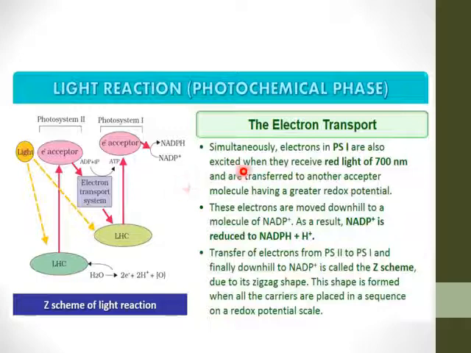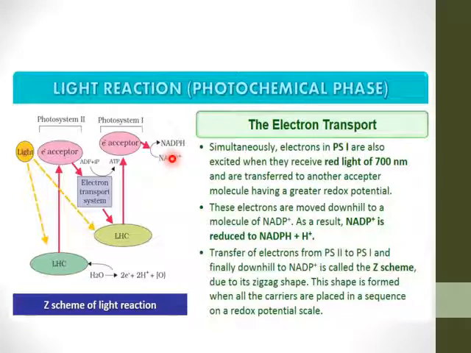Simultaneously, the electrons in PS1 are excited when they receive the light, that is the red light of 700 nanometer, and transferred to another electron acceptor having a greater redox potential. These electrons move downhill to the molecule of NADP.